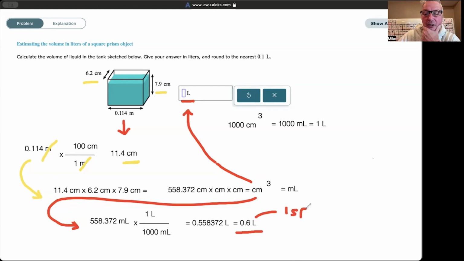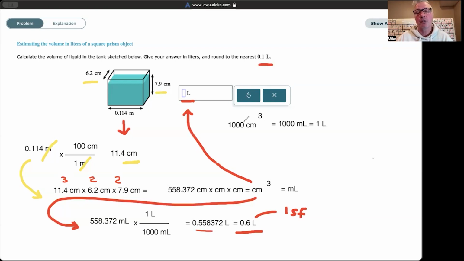So I find it curious that they asked us to round it to the nearest 0.1 liter and not the nearest 0.01 liters, because if we look at our calculation, 3 significant figures, 2 significant figures, 2 significant figures. It would have been better had we rounded this to 0.56 liters.